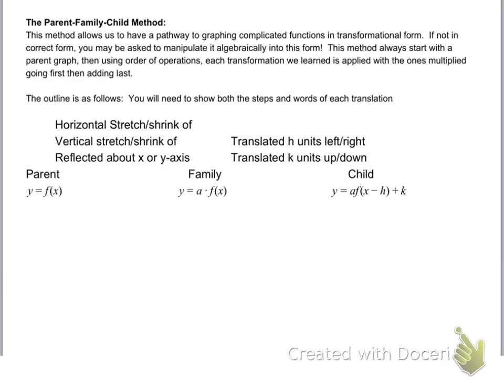Okay? It says this method always starts with a parent graph, then using order of operations, which I've hinted at a couple times, each transformation learned is applied with the ones multiplied going first and then adding last. Here's the cool thing. We're going to find a parent, we make that t-chart, and then we start applying each rule as we go along to it.